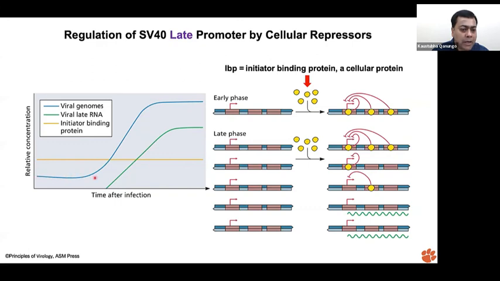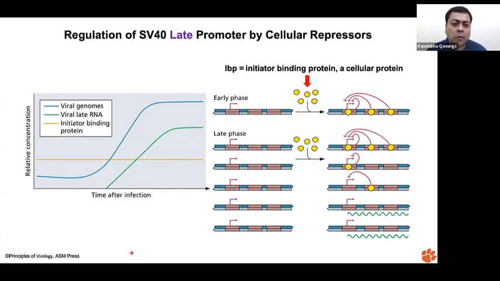At this time right here, the early mRNA is being produced, and the LT, which is the large T antigen, the regulatory protein, is being produced. Once they are transported back into the nucleus, you can see that there is an increase in the viral genome synthesis. And when the viral genome synthesis increases, that also enhances the late RNA expression, and this actually happens along with the LT.